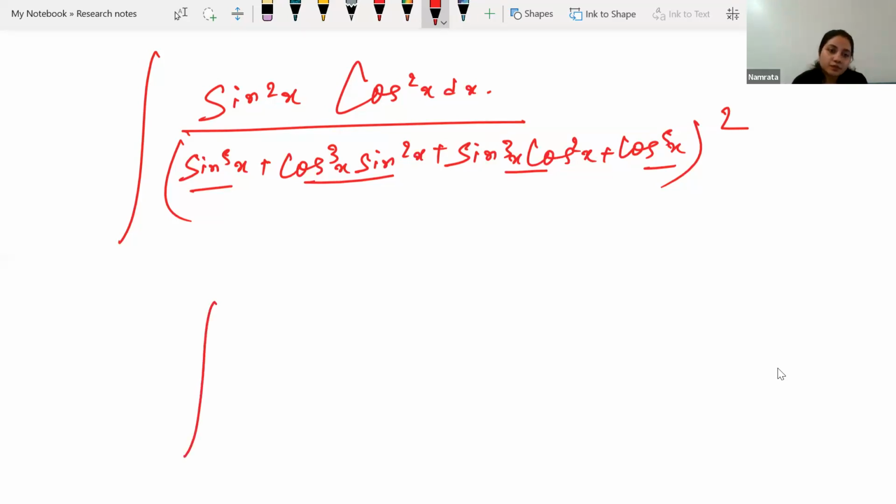So at first, we will be checking in a very easy way. If from these two we take sine square common, we will be having sine cube, cos cube. From these two, if we take cos square common, we will be having sine cube, cos cube.